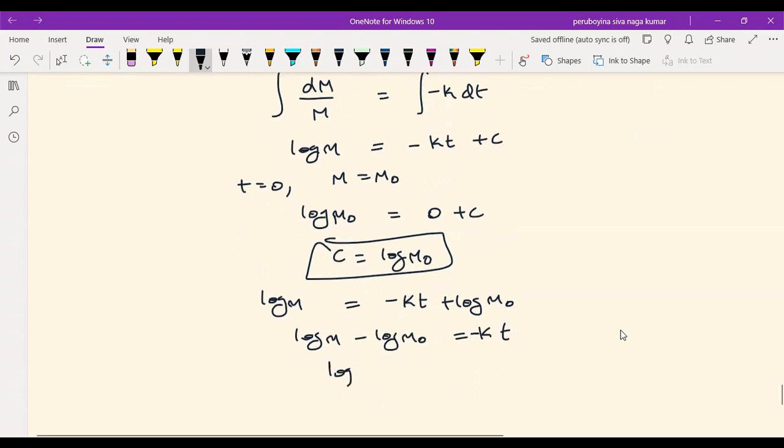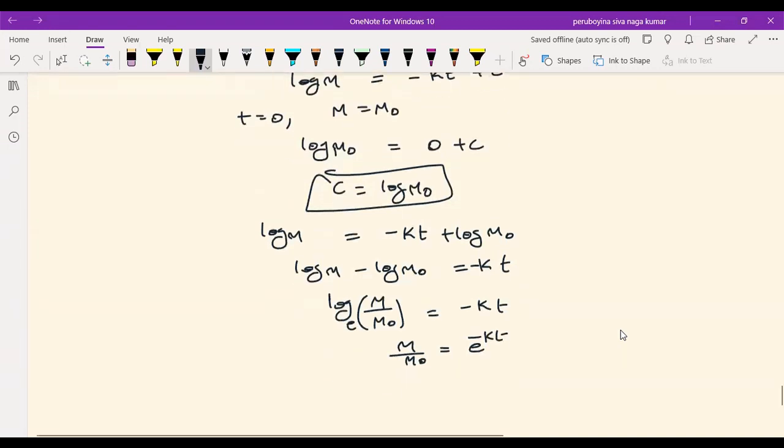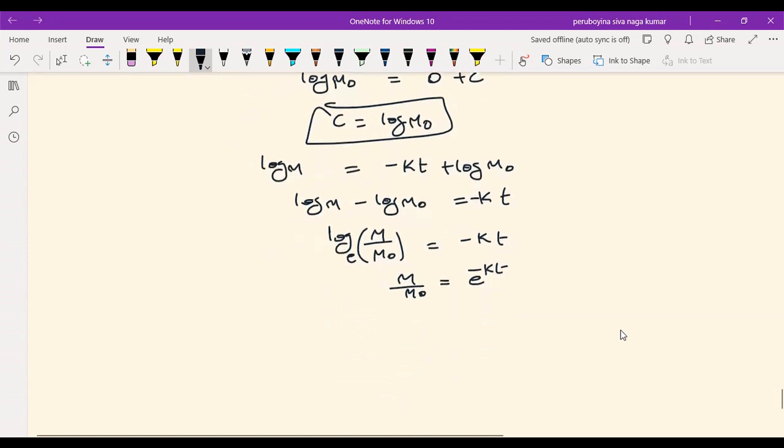This means log of M by M naught, according to logarithmic properties. Therefore, M by M naught is equal to e power minus kt, because the logarithm has base e. So you can write M is equal to M naught into e power minus kt. So from this equation, we can find the particular mass of the carbon 14.